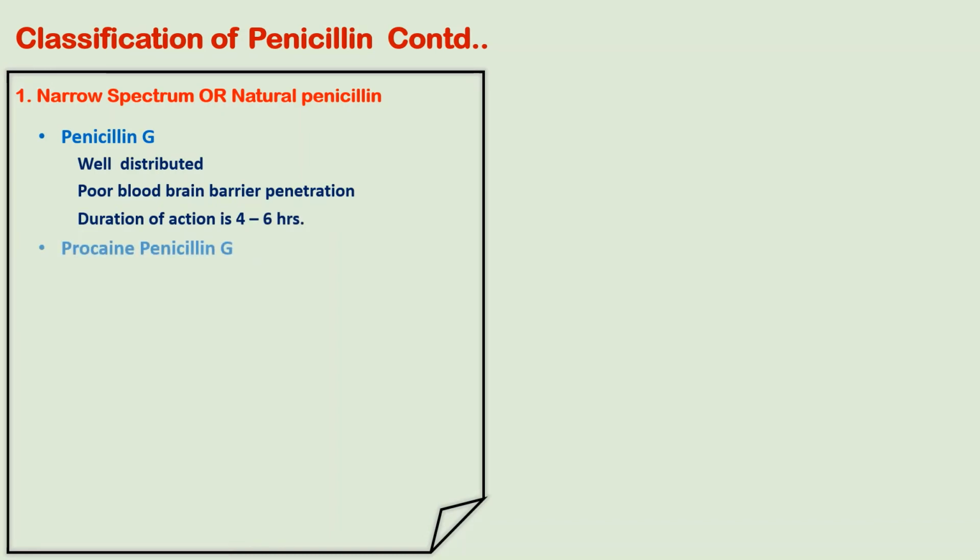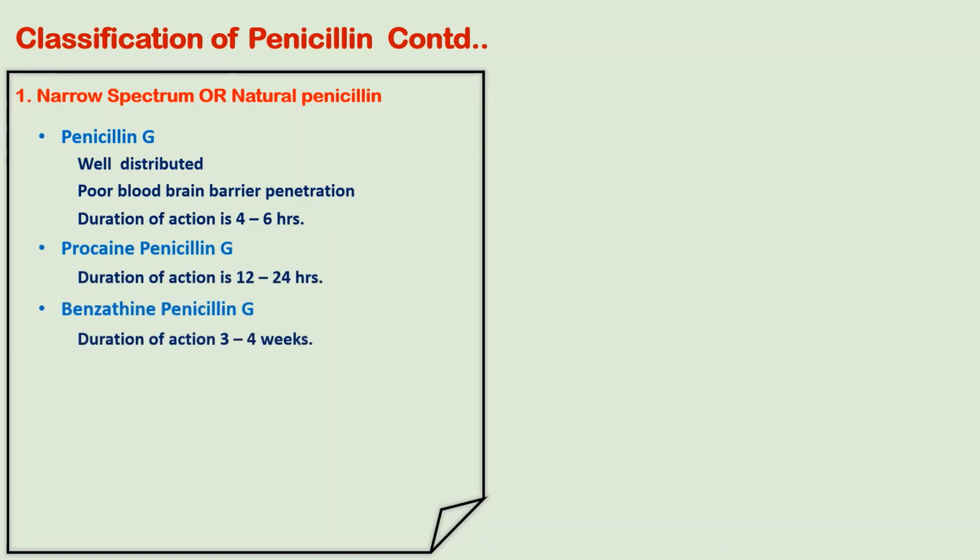Next is procaine penicillin G with 12 to 24 hours action, and we have benzathine penicillin G and penicillin V. Now, among these, the first three are not effective orally because they are acid labile, that is, they are destroyed by the gastric acid, so they can be given by IV or IM route. Penicillin V is acid resistant and can be given orally.